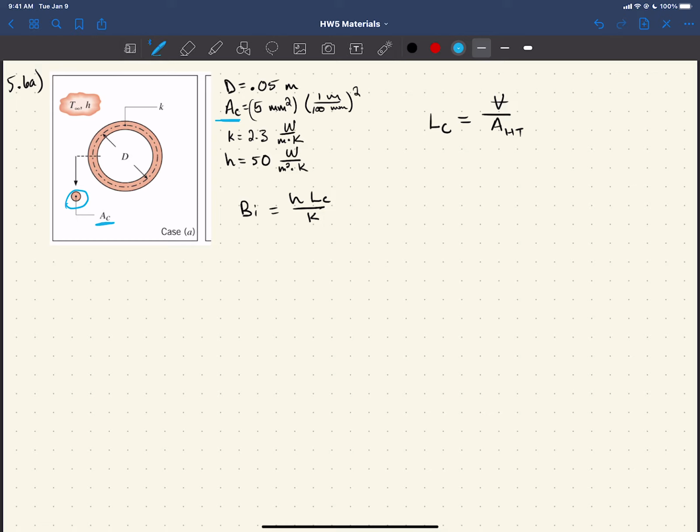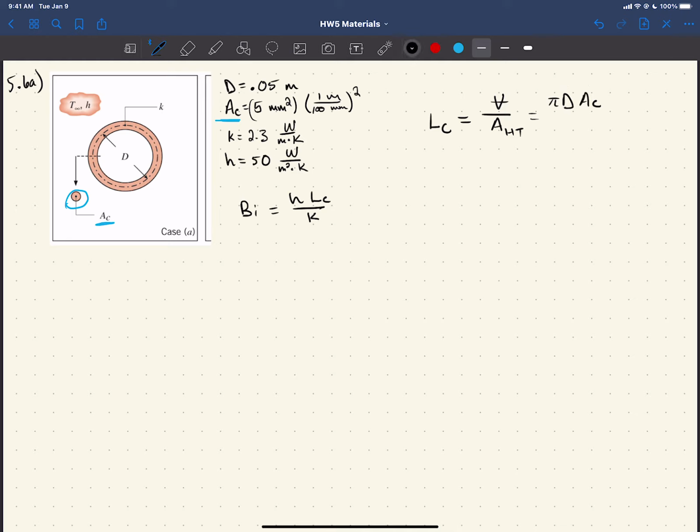You could figure out the outer and the inner, but the way we're going to do it, I'm just going to use that diameter big D that we're given. So the circumference of that is pi D. Then you just multiply that by the cross-sectional area, A sub c, and boom, that's going to be a volume, because you have meters times meters squared, and you get meters cubed.